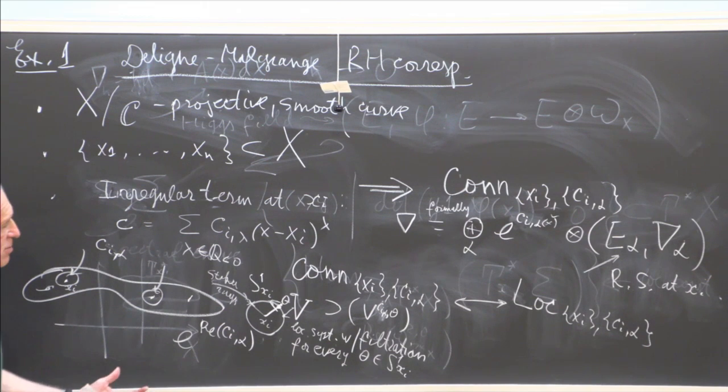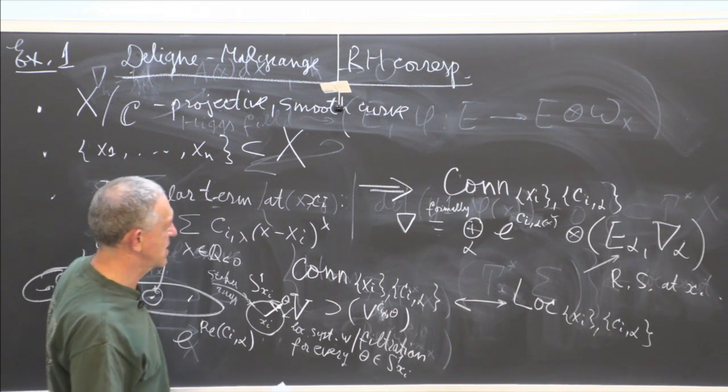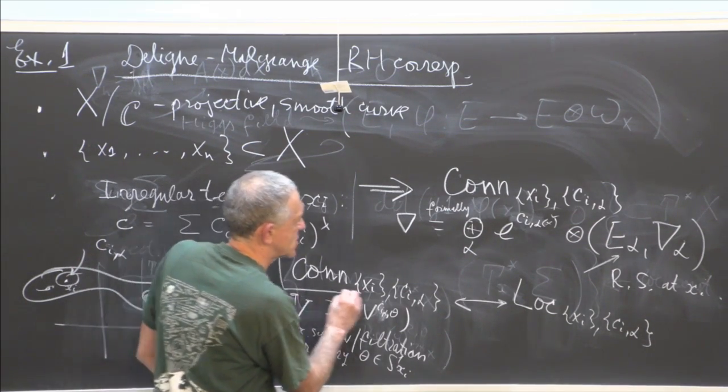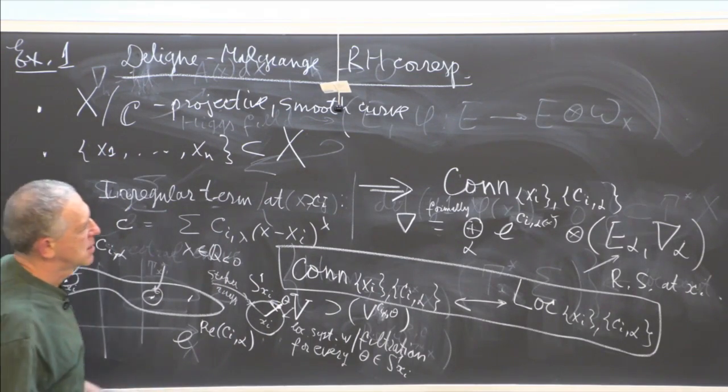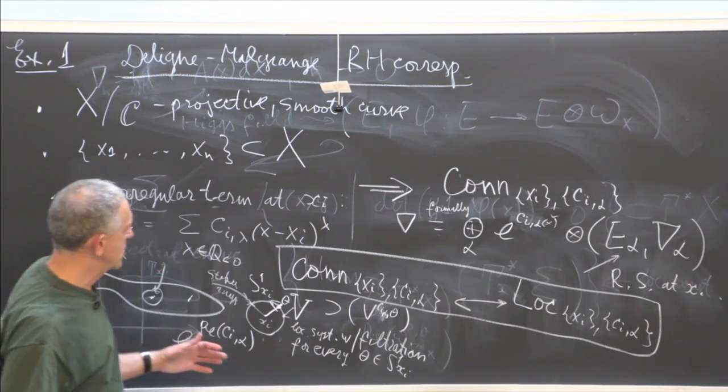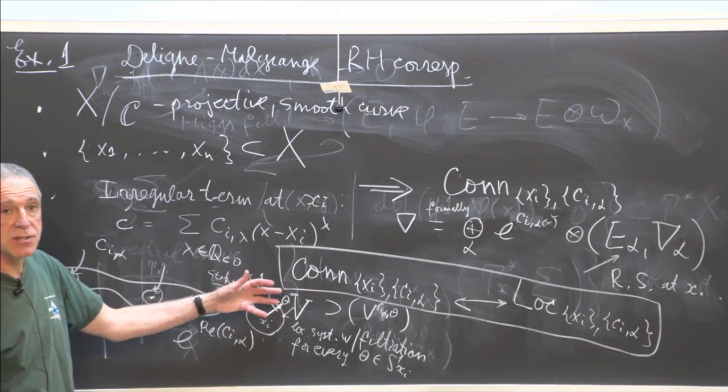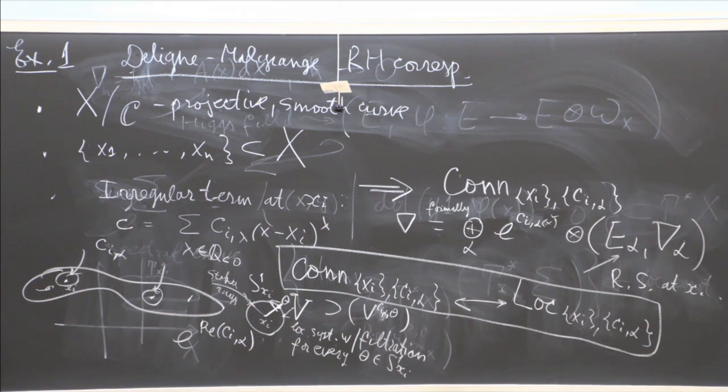All this can be described quite explicitly at different levels of precision. So if we put on the Betti side this category of local systems with this additional Stokes data, this is the Deligne-Malgrange version of Riemann-Hilbert, irregular Riemann-Hilbert.